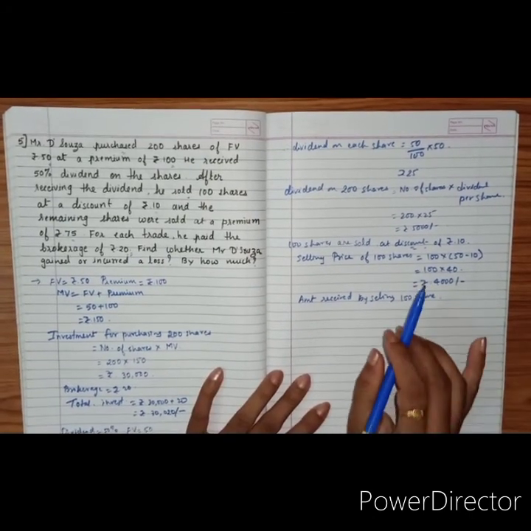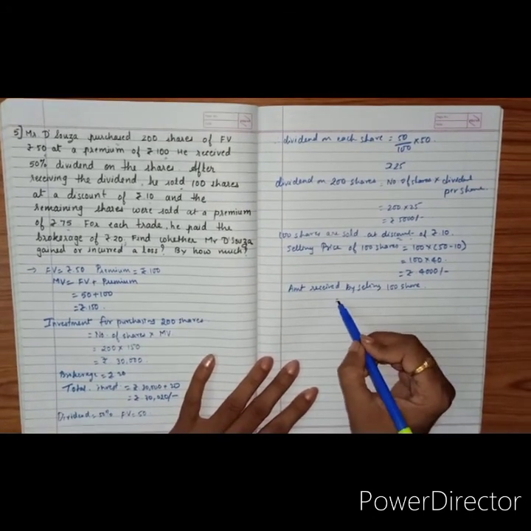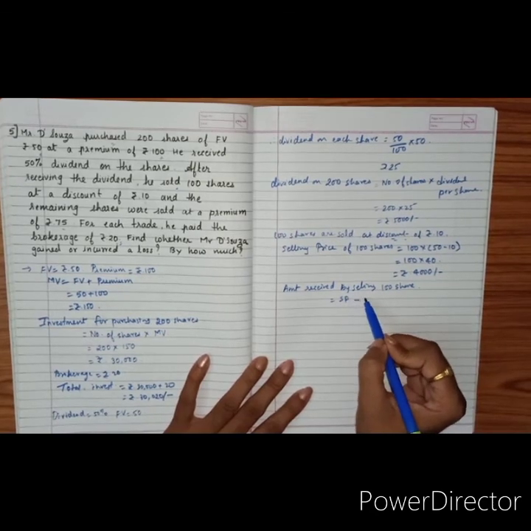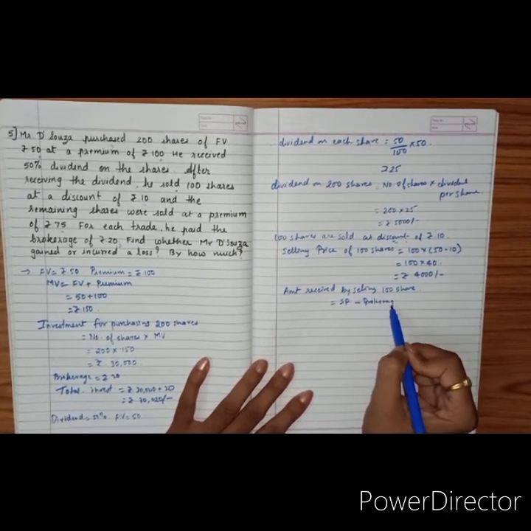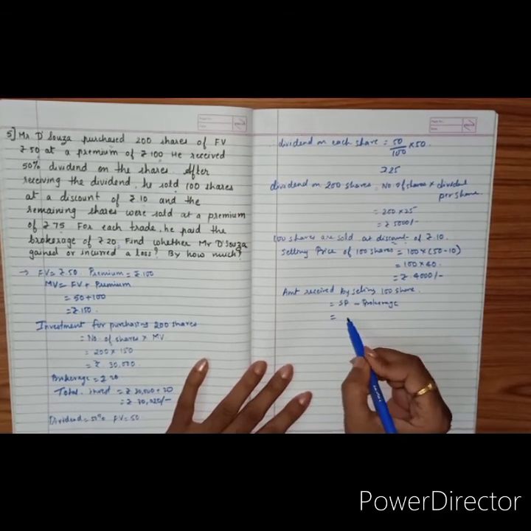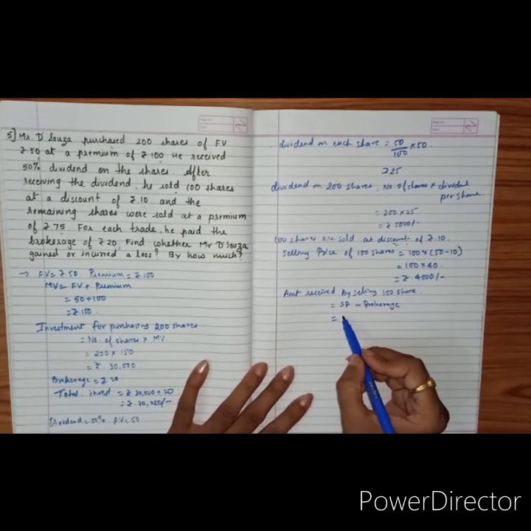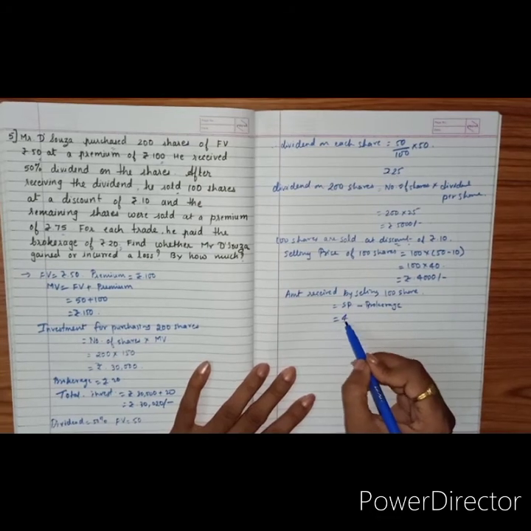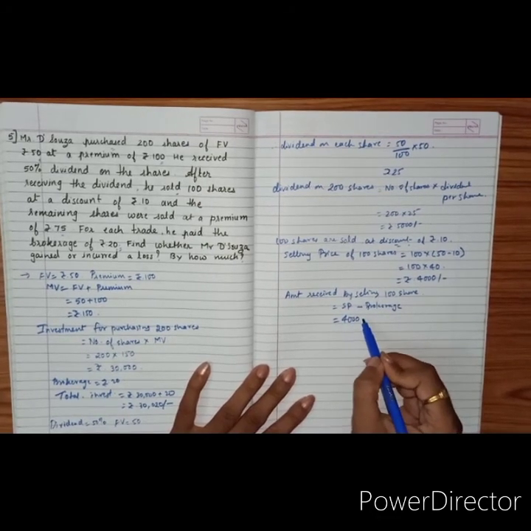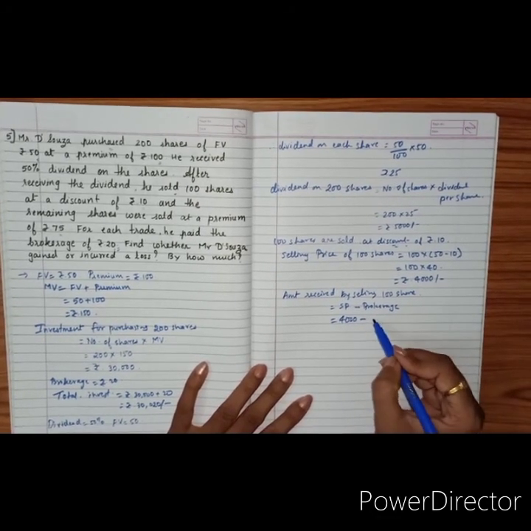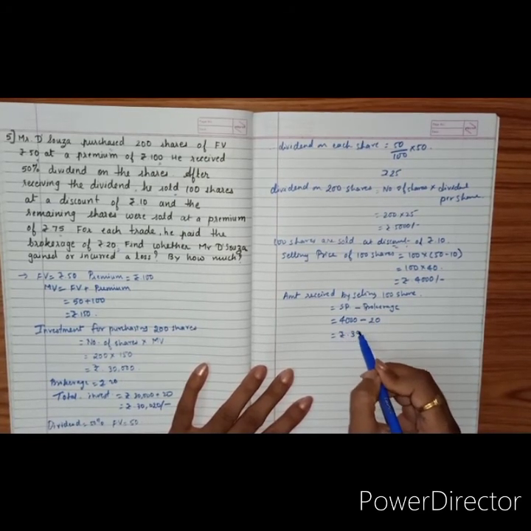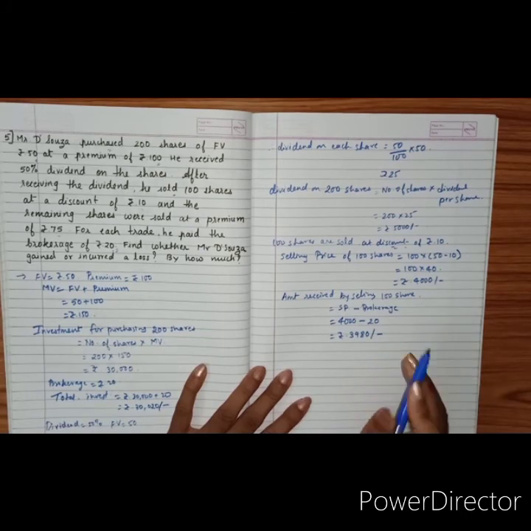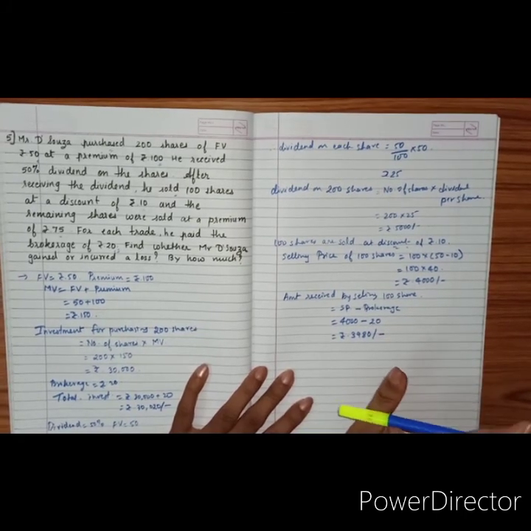So the selling price minus the brokerage is what we calculate to get the total amount received after selling. The selling price we calculated just now, that is 4,000. And out of that 4,000, 20 rupees are gone as brokerage. So rupees 3,980 is the amount he has received.